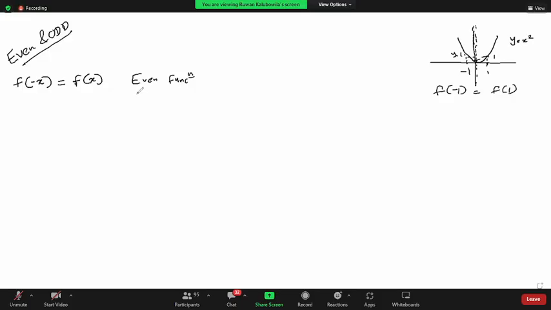So we can write down something more: symmetry about the y-axis. Even functions are symmetric about the y-axis. You can see it in this example. Then let's try to define the odd function.